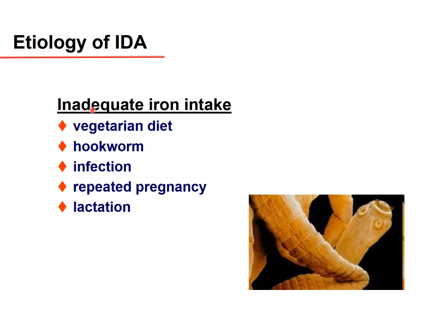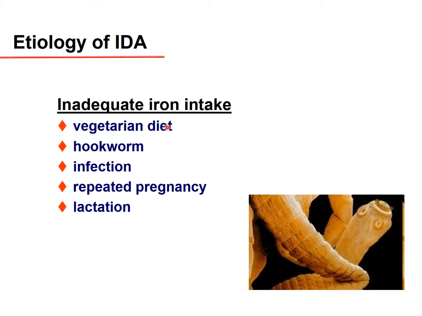Or when we do have an inadequate iron intake, that can be a vegetarian diet. Because the best iron that can be absorbed very well is the hemoglobin-bound iron, so the blood-containing food has a lot of iron that can be absorbed very well.